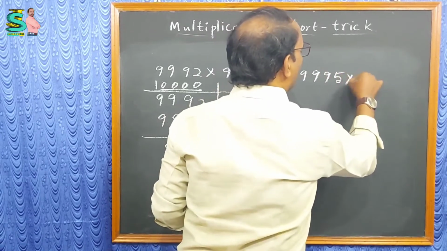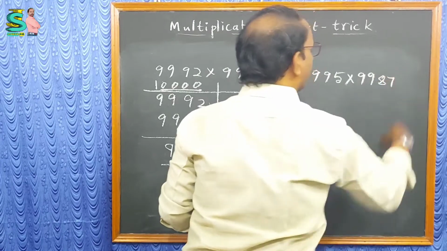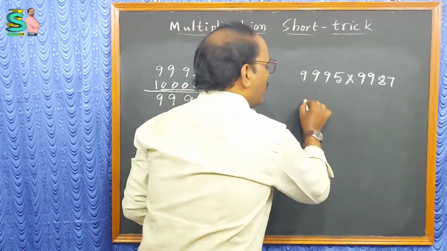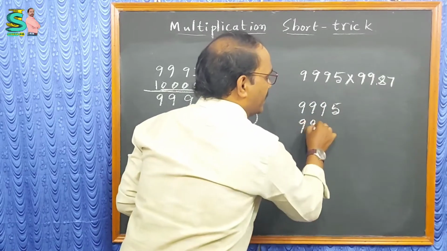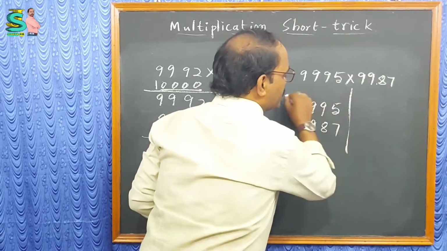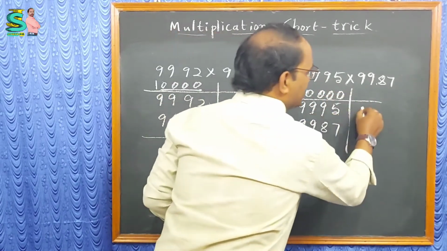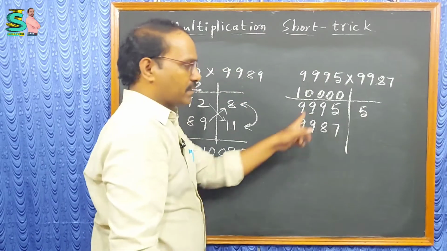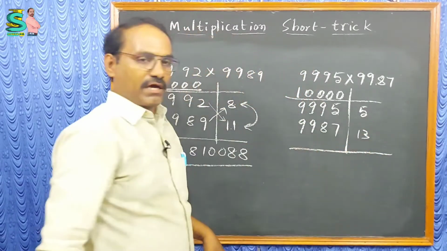9995 into 9987. First 9995 and then this number 9987. These two numbers are near to 10,000. So this one is 5 less than 10,000. This number is 13 less than 10,000.